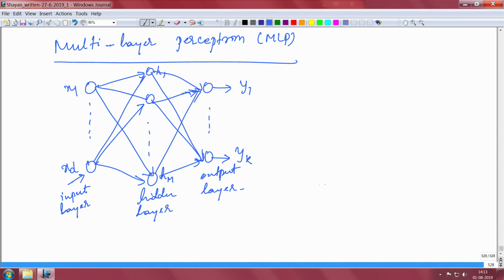So, this algorithm or multi-layer perceptron network has two steps. First step is the forward pass.